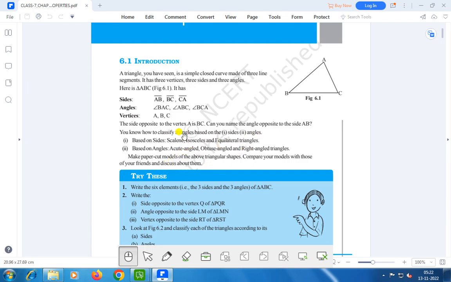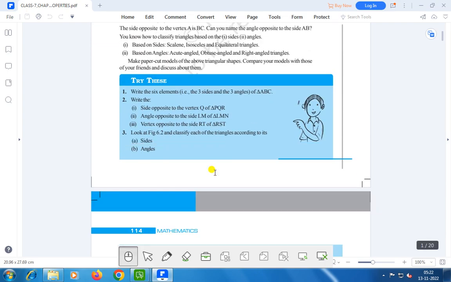Acute angle triangle means all the angles are acute, that is less than 90 degrees. Obtuse angle triangle has one angle more than 90 degrees. A right angle triangle is a triangle in which one of the angles is a right angle, that is 90 degrees. Right? Now we know all this.